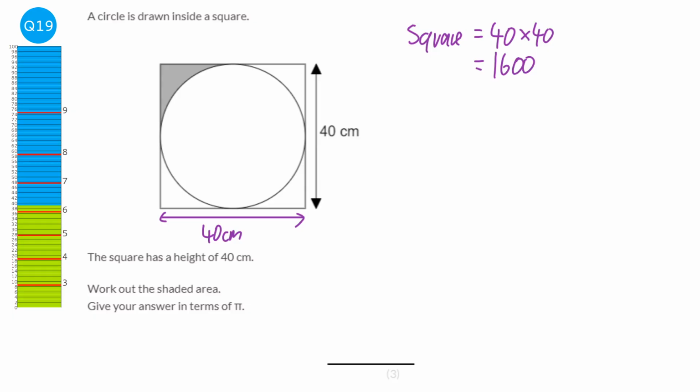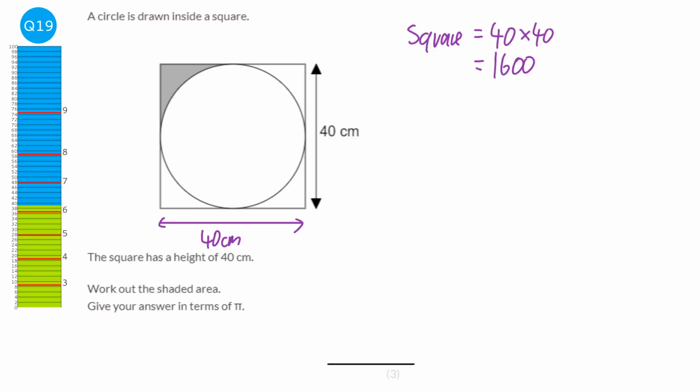I normally only put units in our answer. The next thing we're going to do is work out the area of the circle, but to do that we need to work out what the diameter of the circle is, and if you notice that the diameter of the circle is just 40 centimeters. It's the same as the width of the square, or height of the square.